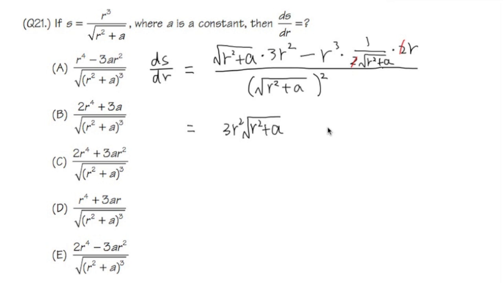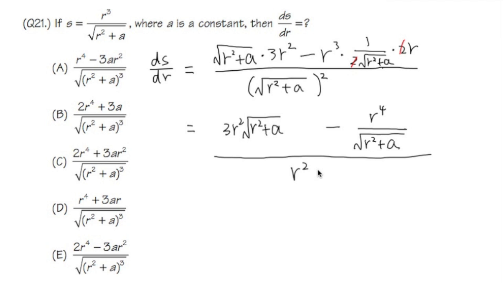And I'm going to minus, let me leave some space, r to the third power times r, that will give us r to the fourth power, over square root of r squared plus a, everything on the top, over the denominator square, which I will just end up with r squared plus a like that.